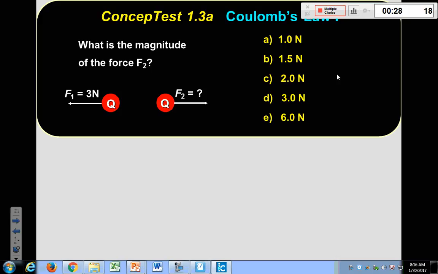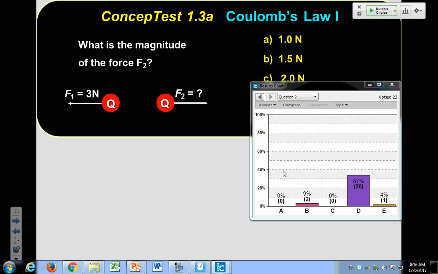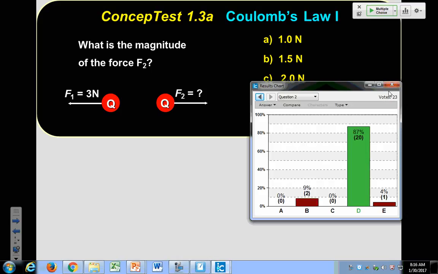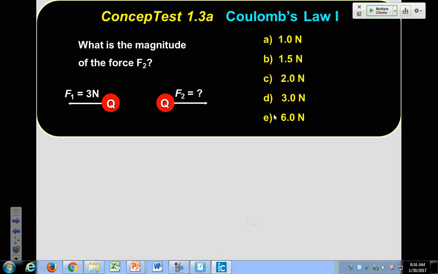We'll go on to 32. Okay, good. It's 3 newtons. Newton's third law applies here: if we have a force in one direction, we have a force that's equal and opposite in the other direction. So if I have 3 newtons here, I also have 3 newtons here.